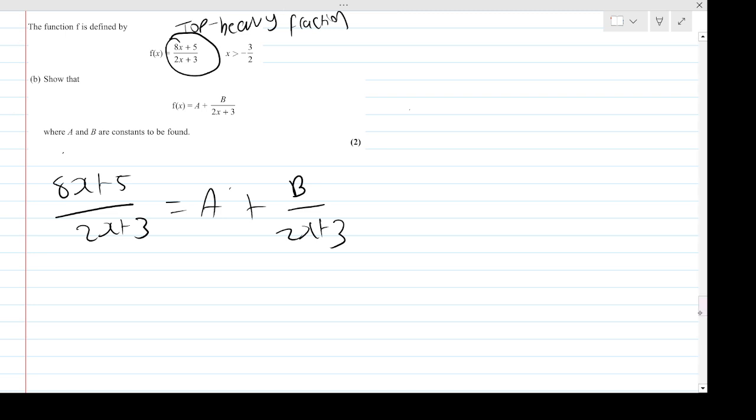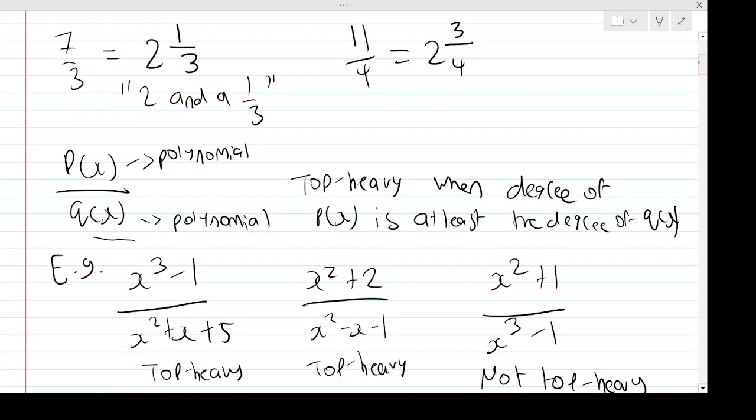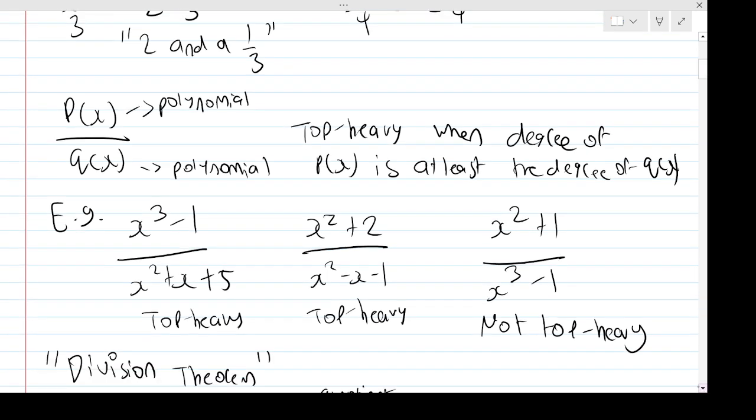Remember, as we saw at the start with these 3 examples here. This one, for instance, even though the power on the top and the bottom is x squared, that's still top heavy, because even if the polynomials have equal degree, that's still top heavy.